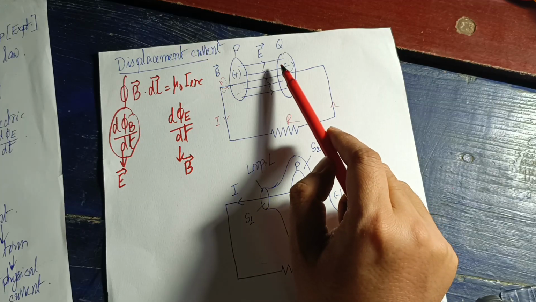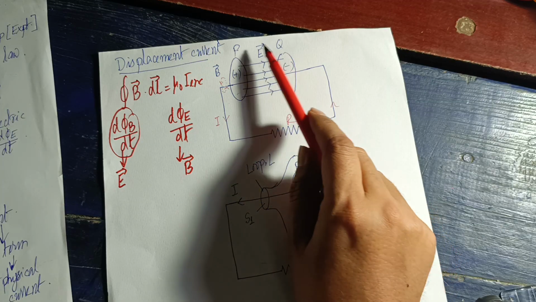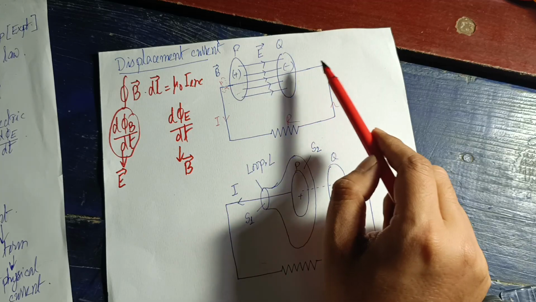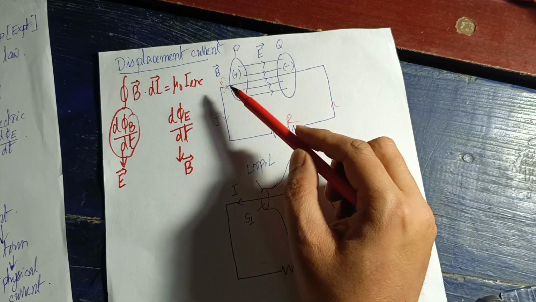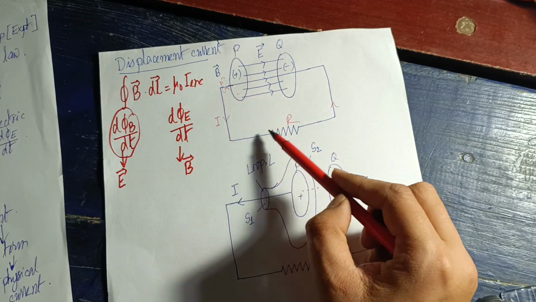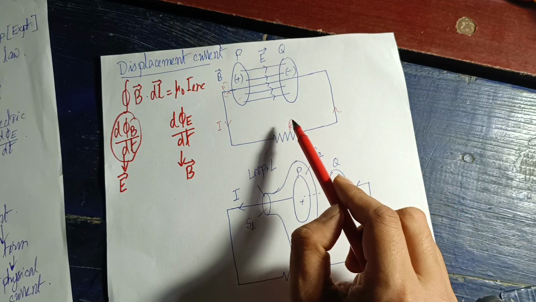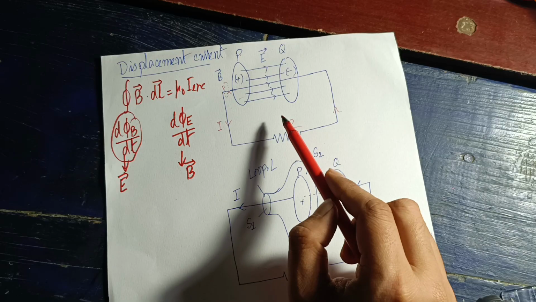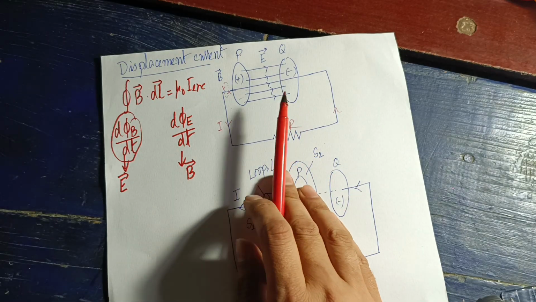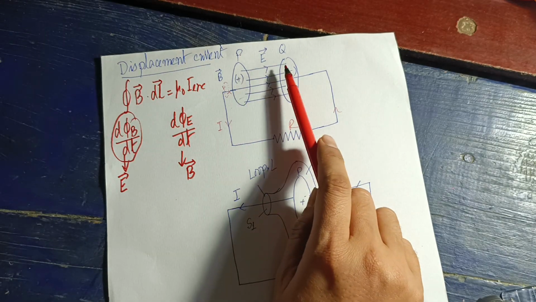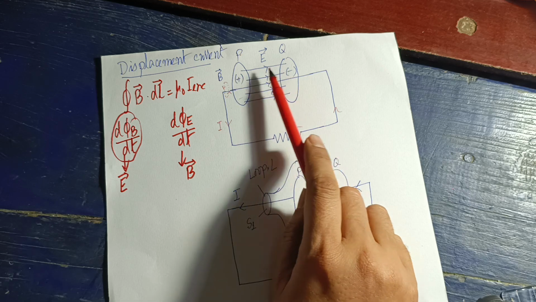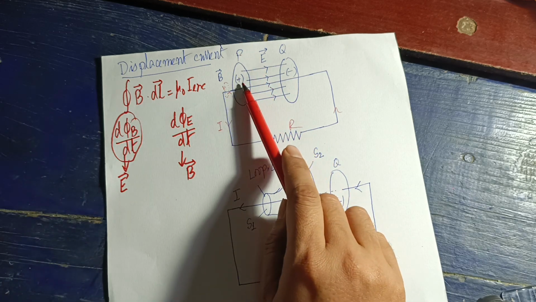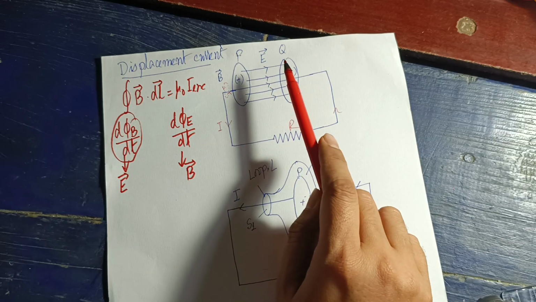Initially I made this capacitor discharge. When it discharges, the current will flow from plate P to plate Q through this resistor R. So the electric field between the plates of the capacitor will vary with time.